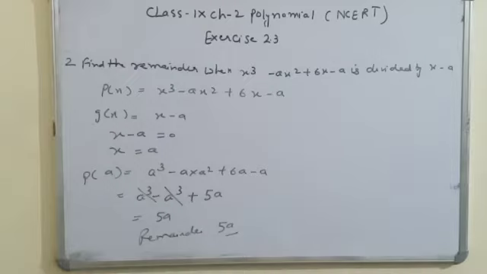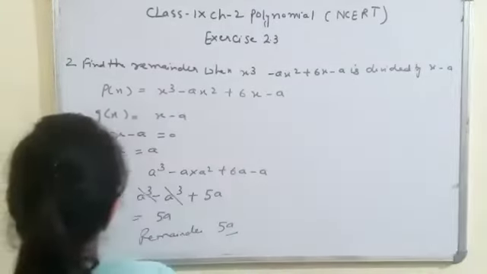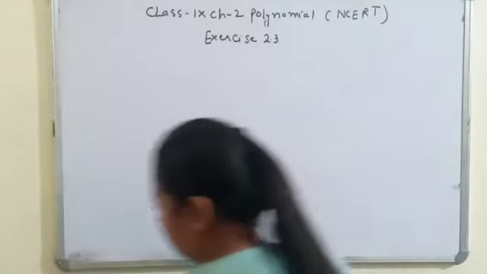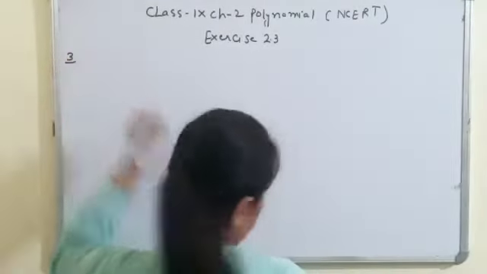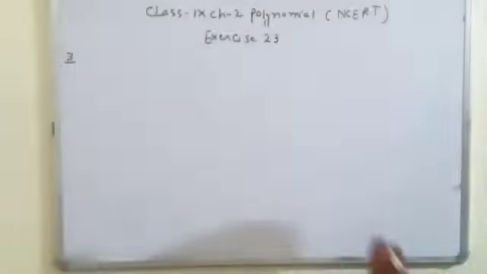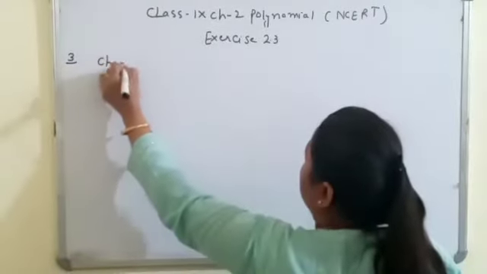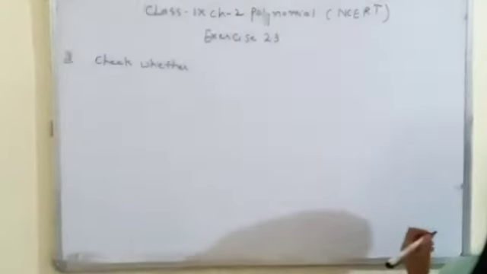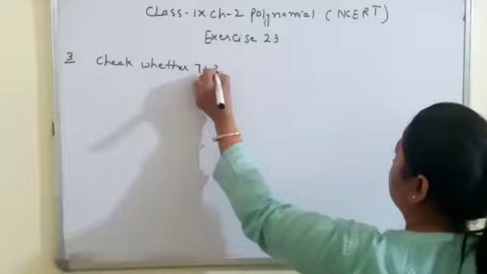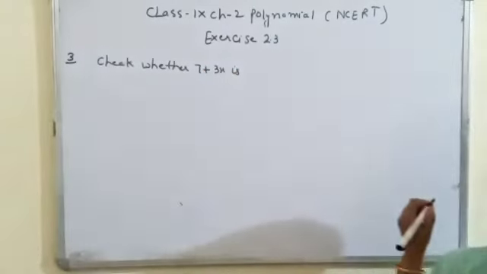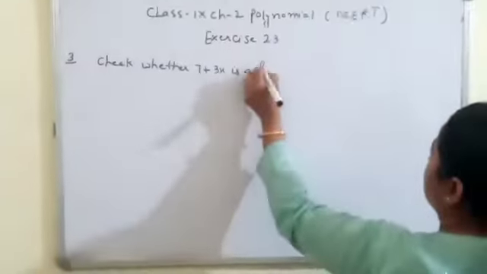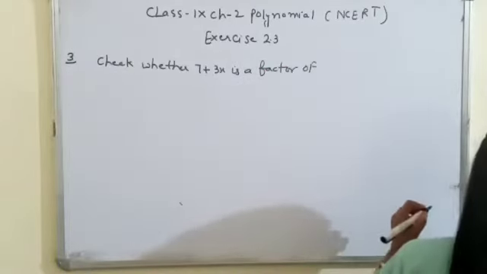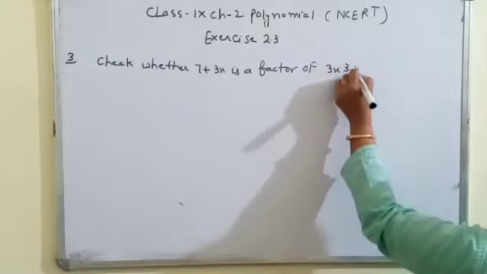Third is question third. Check whether 7 plus 3x is a factor of 3x cube plus 7x.